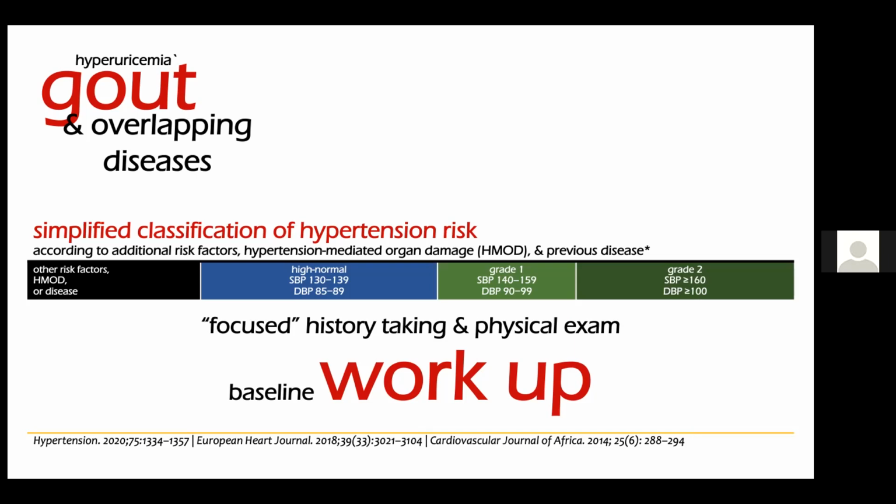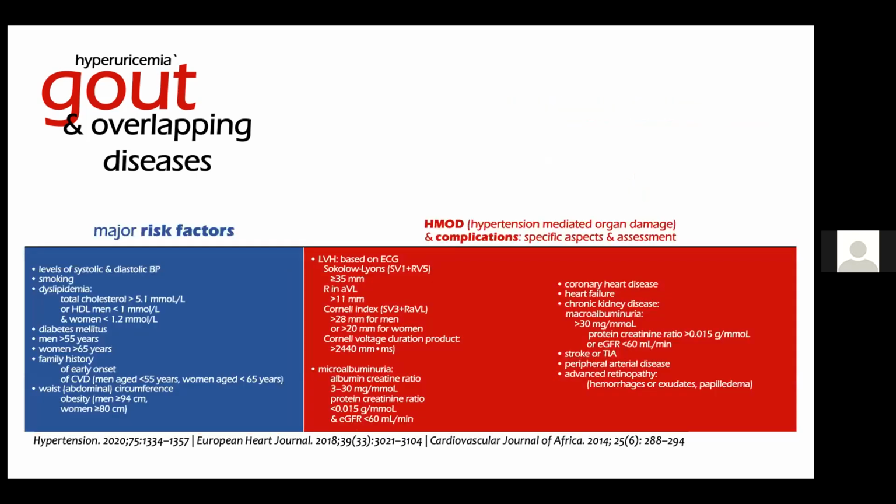We know that hypertension is graded from optimal, high normal, grade 1, grade 2, and grade 3. But when you assess risk using this heat map, grade 3 doesn't appear, because by now we all know that grade 3 is automatically called high risk.